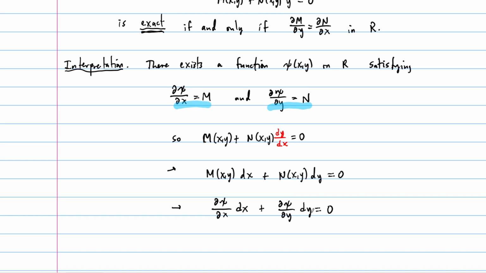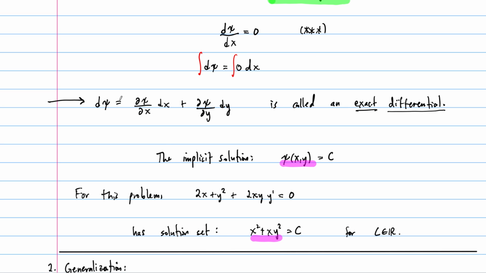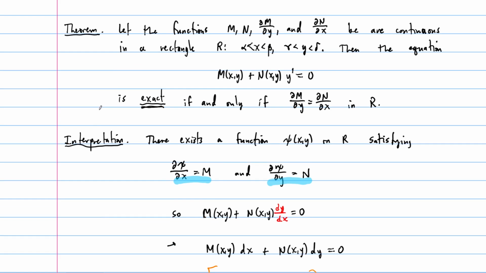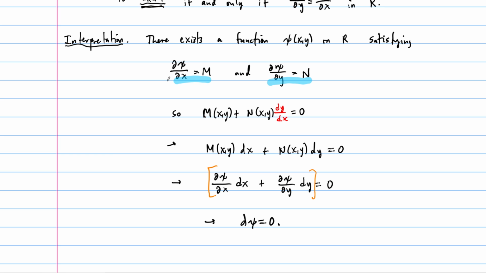And this is where the language of exactness comes in, because now this entire term is the exact differential that we've implicitly defined up here. This is the exact differential, and that can all be replaced by dc. This Greek letter is c. So this means we just have this equation right here. The question still is, how do we find c? But it comes from these two equations that we just wrote down. But this is the idea.